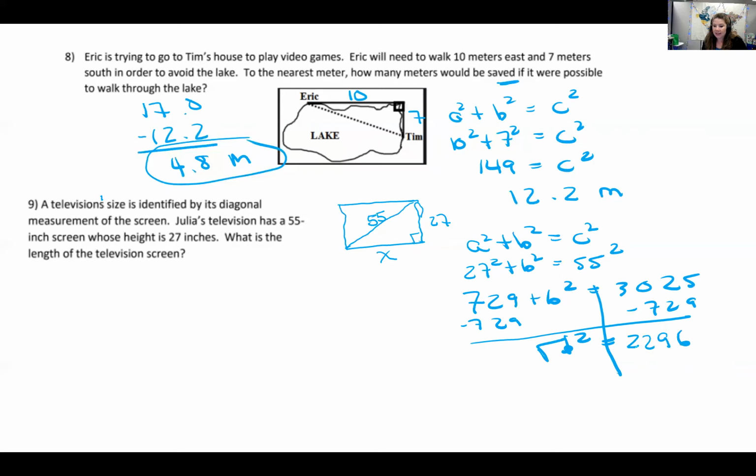And then to find the square root of that number, put it in our calculator, and I get about, that should be B, I don't know why I'm writing D, but the length of our television is about 47.9 inches long. So it's shorter than the diagonal, right? Which makes sense.